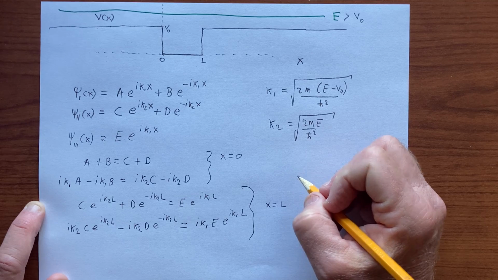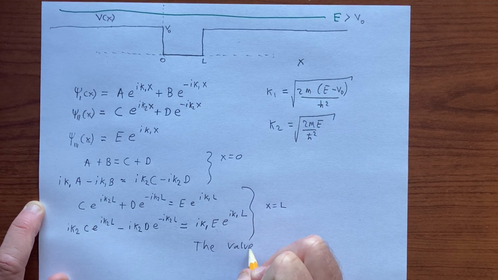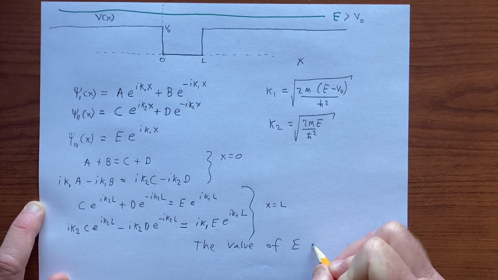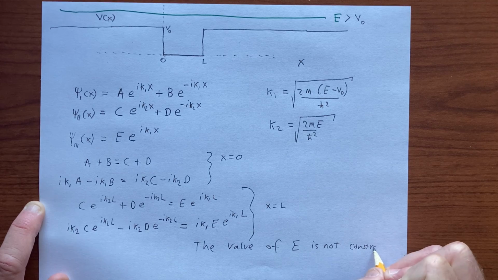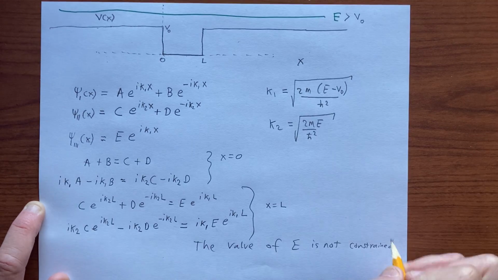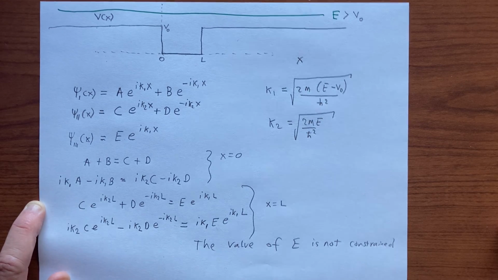So we can conclude that the value of E is not constrained. Right? So E can be a continuous quantity.